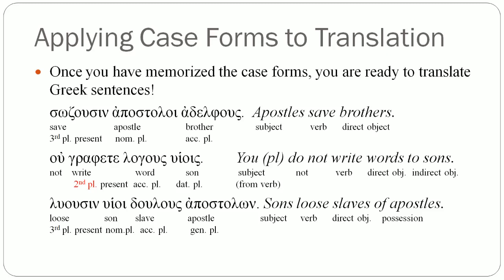This one, you have to get the subject out of the verb. It is not stated there. Notice there's no Greek word that says you plural in this entire sentence. The subject is entirely missing, but you know what the subject is because of graphete. The ending of graphete is second person plural, therefore you can put you plural there as the subject if there is no subject stated.